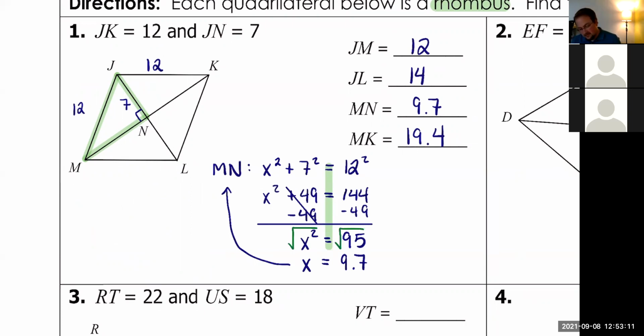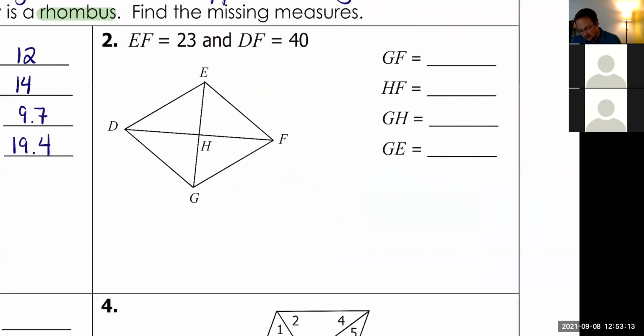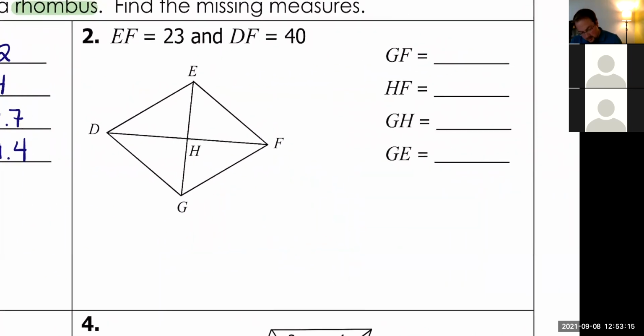All right. Next up, number 2. We're given EF is 23. DF, which is this entire diagonal, is 40. Not a really good way to represent that.